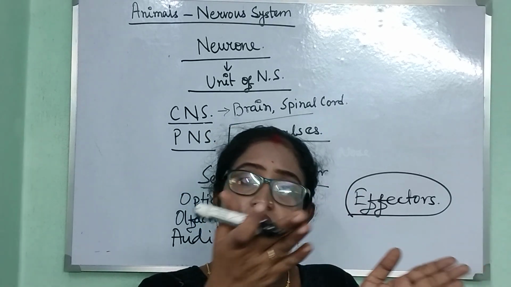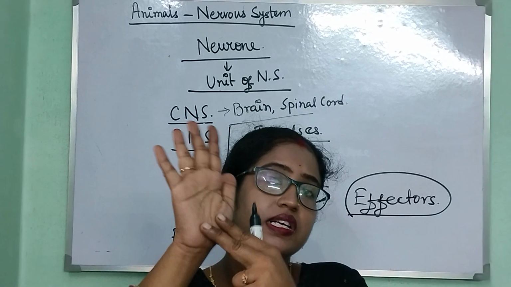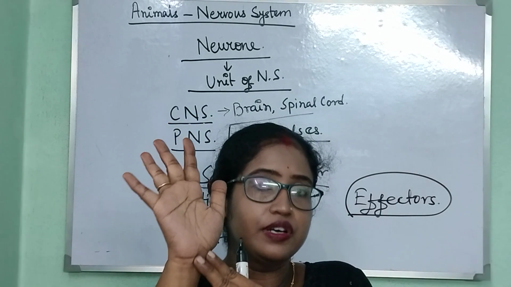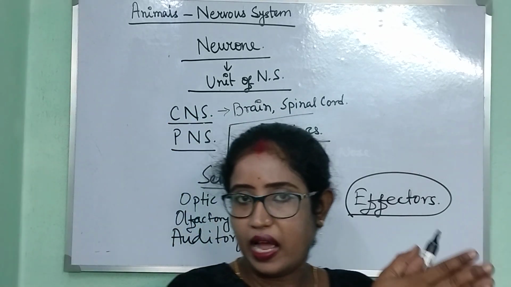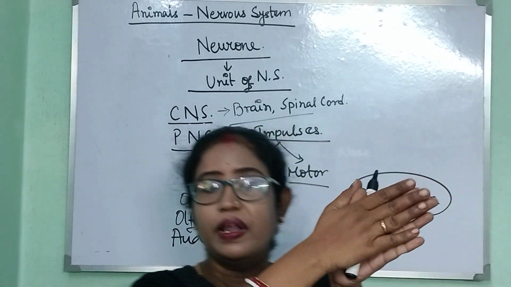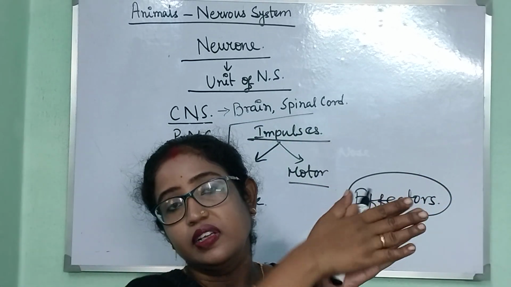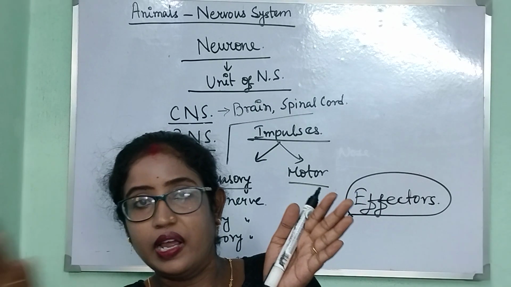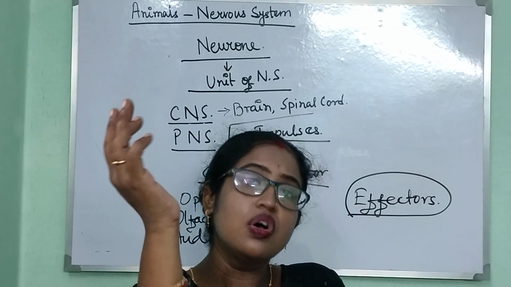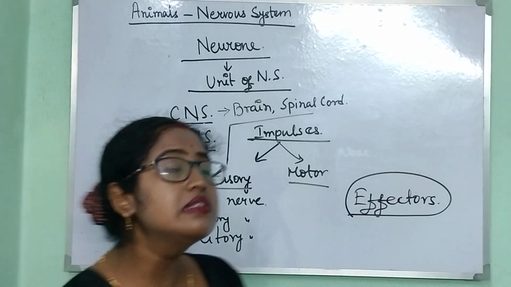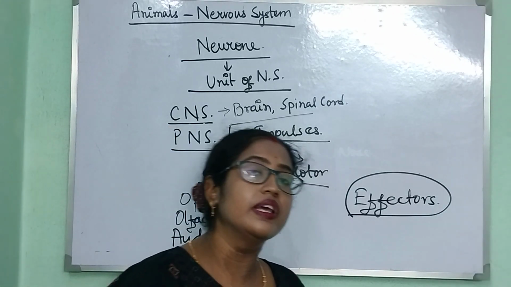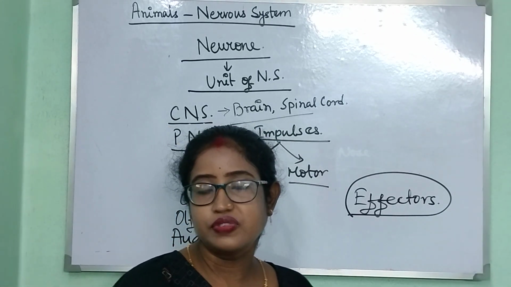So we have the sensory receptors or sensory neurons in our hand. When we touch the hot pan, we immediately move our hand. This means we also have effectors in our hand muscle. Muscles have the effectors in their different kinds of cells.